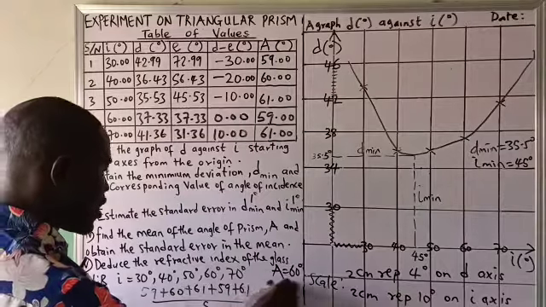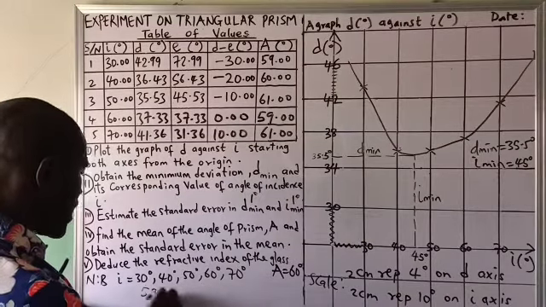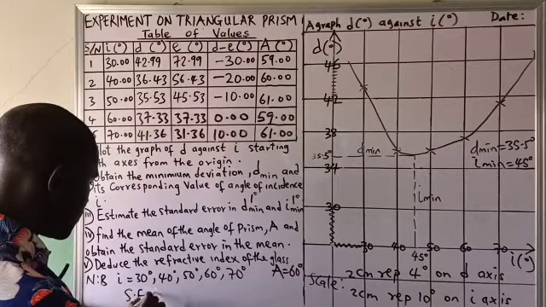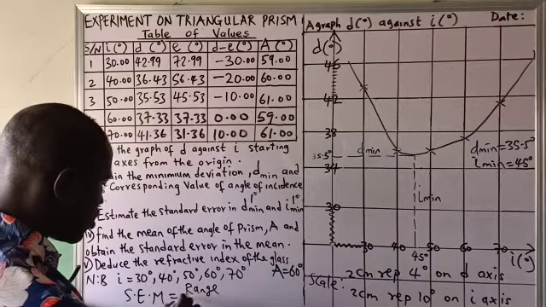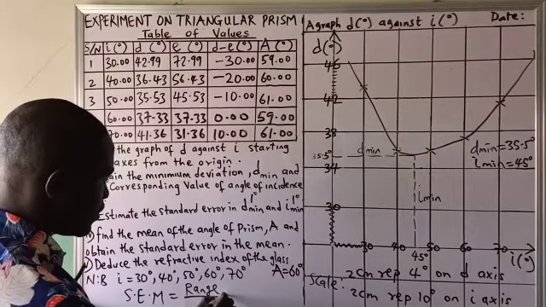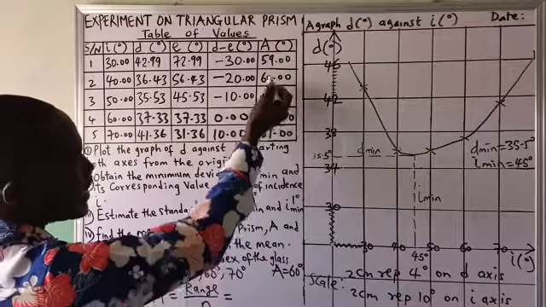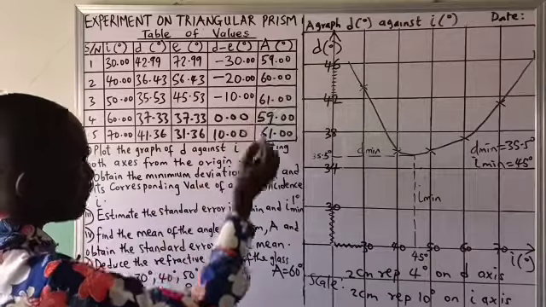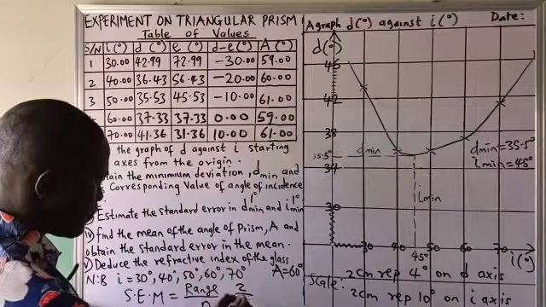Then the standard error in the mean. Standard error in the mean, we call it SEM. The formula is range all over n. Range means highest minus lowest. The highest is 61, the lowest is 59. 61 minus 59 will give you 2, all over n, how many are there? 5.